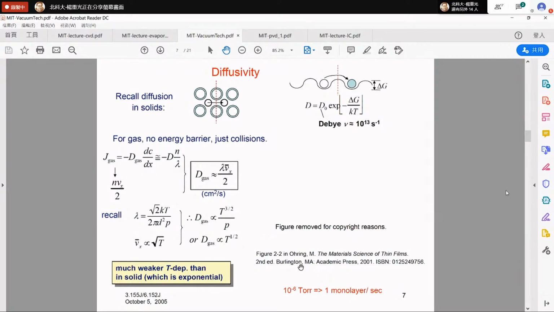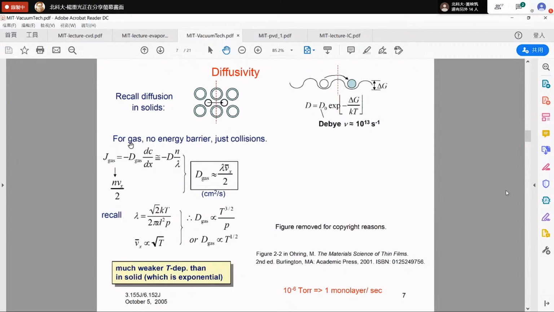Also, there is diffusivity. The diffusivity in the solid is because of the chemical potential. This is another expression we call the Debye expression, which is diffusion equal to the diffusion coefficient times exponential of minus delta G divided by kT.